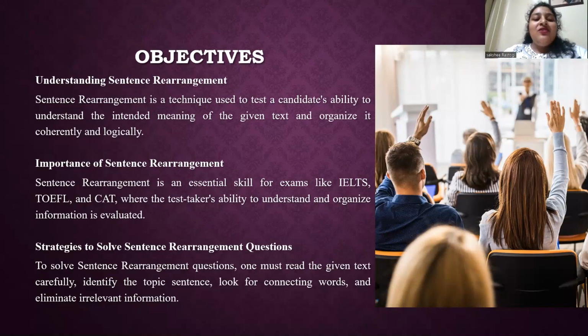So what are the strategies to solve sentence rearrangement questions? To solve sentence rearrangement questions, you have to follow some strategies. For example, you have to read the sentences carefully, understand the meaning and the content of each sentence, identify the linkers.